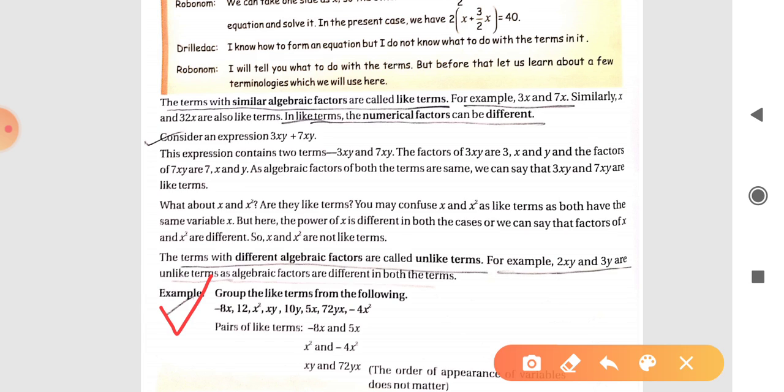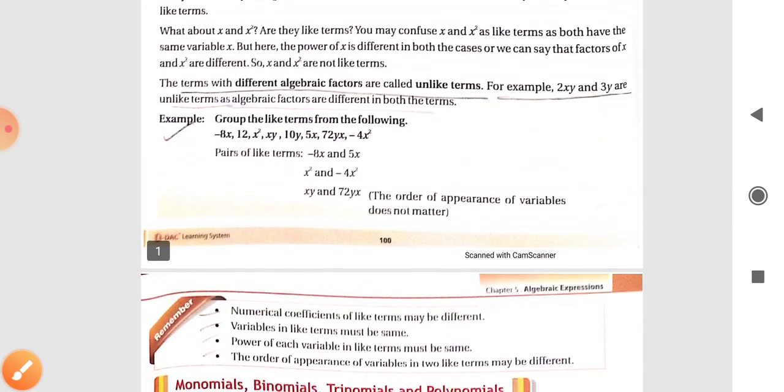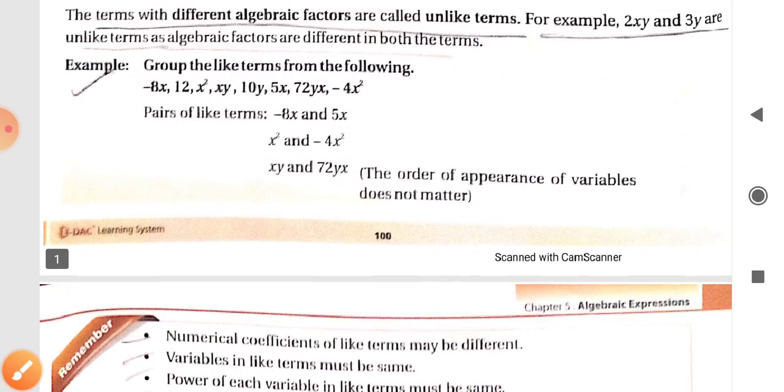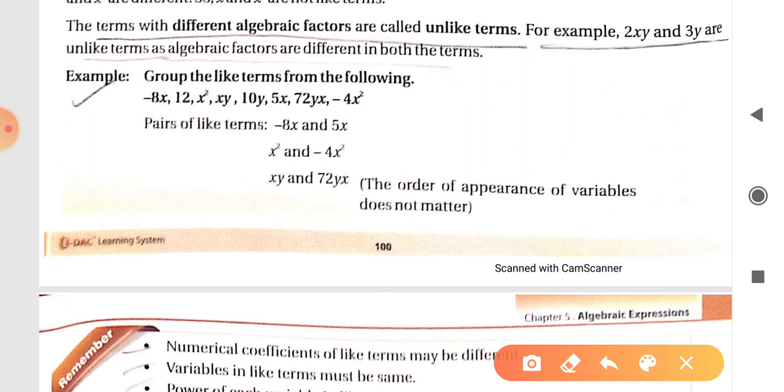There is one example. Group the like terms from the following. Terms are minus 8x, 12, x square, xy, 10y, 5x, 72yx and minus 4x square.